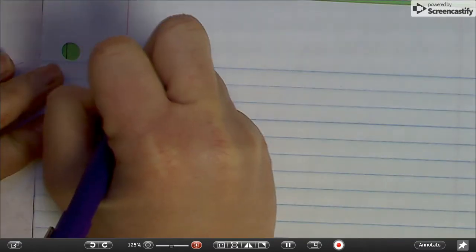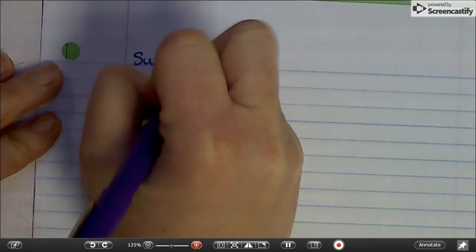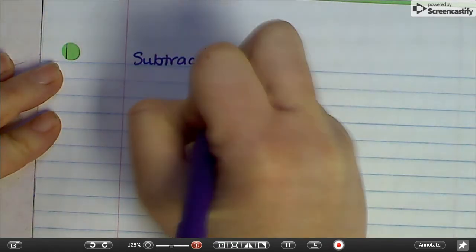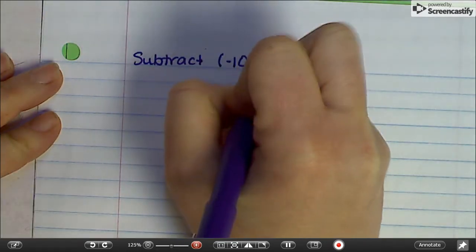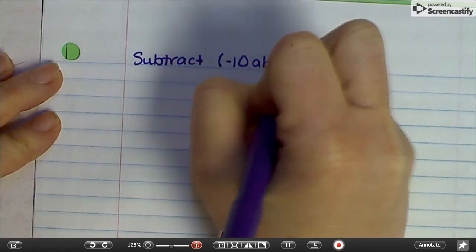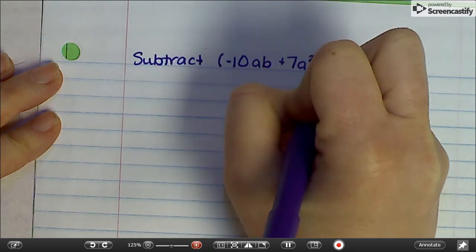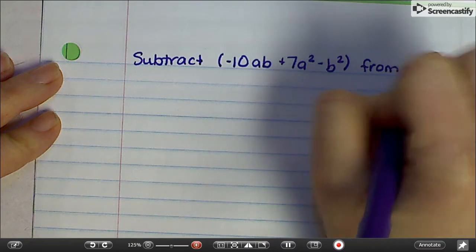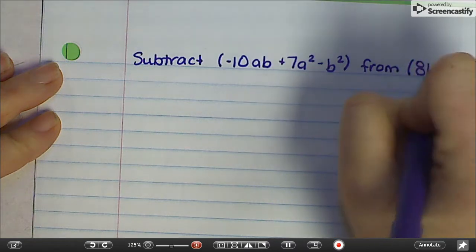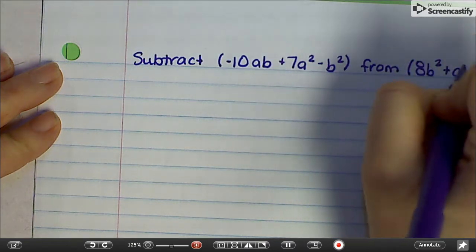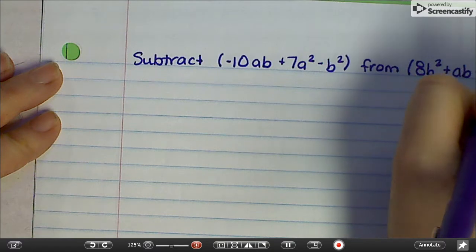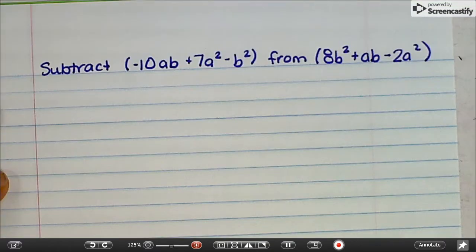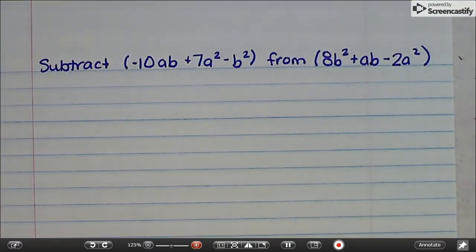Let's try this one. We're going to subtract negative 10ab plus 7a squared minus b squared from 8b squared plus ab minus 2a squared. Okay. So this is a word problem.